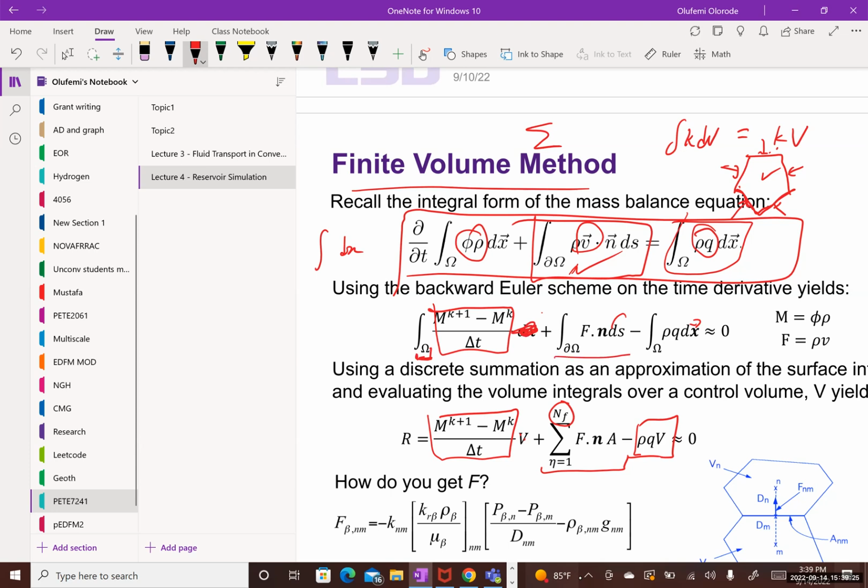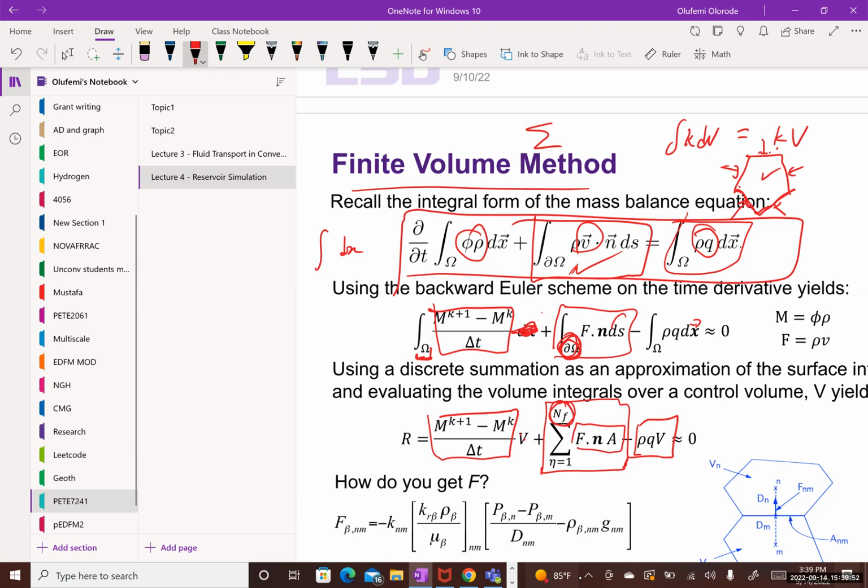So again, the important thing is this continuous integration is approximated by summation over all of the faces that bound the control volume. It's an integral over the boundary of the control volume. So it's a summation. And what are you summing? The flux multiplied by area. And what's flux multiplied by area?